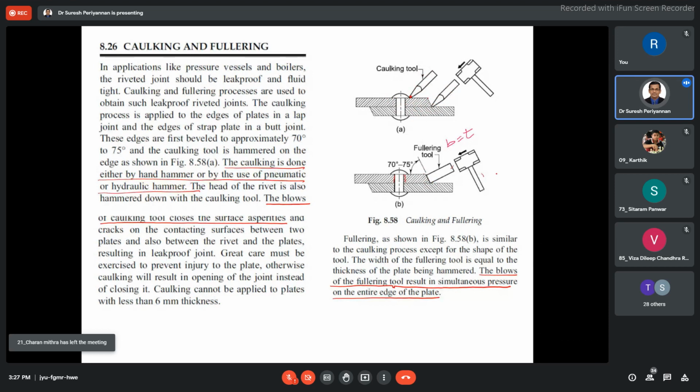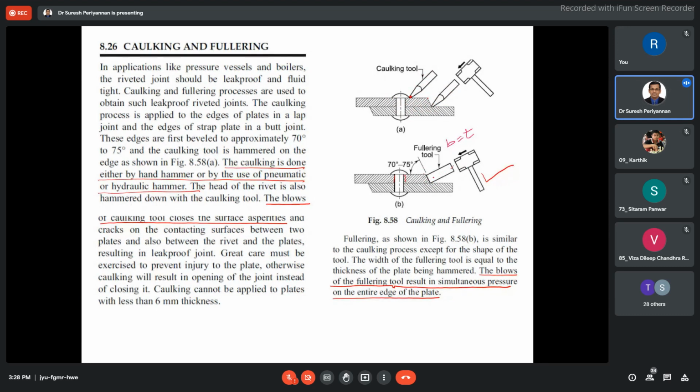The width of the fullering tool is equal to the thickness of our plate. With the help of the fullering tool, we make the joint leak proof and fluid tight.